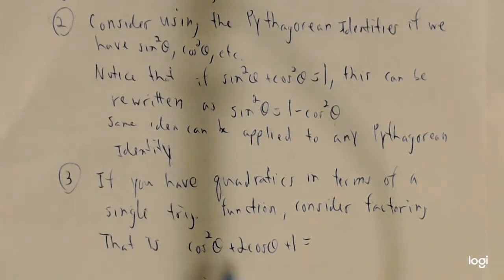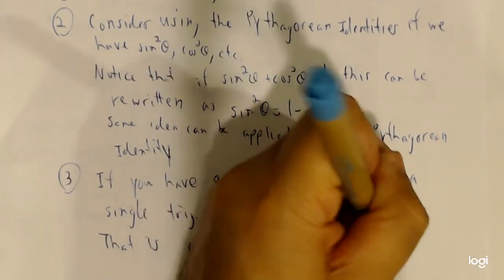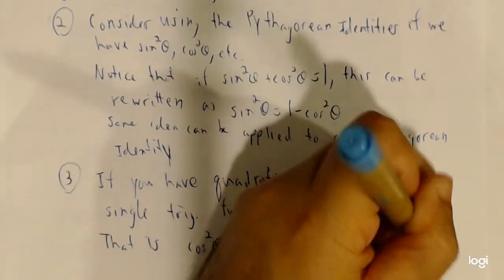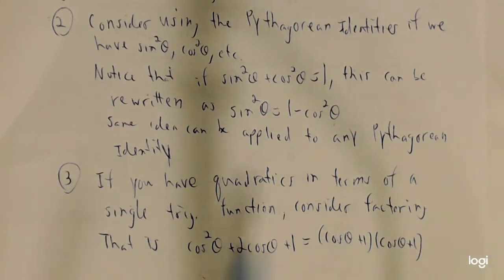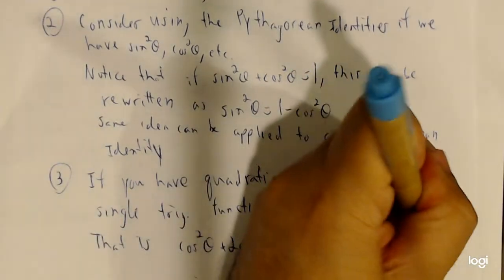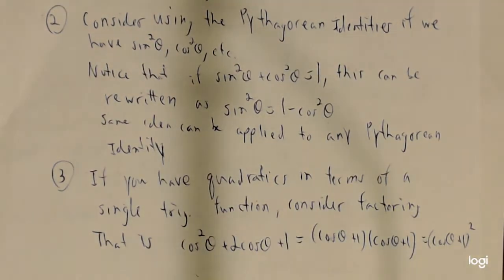However you'd factor that, this would factor the same way. This factors to cosine theta plus 1 times cosine theta plus 1, because cosine squared is the same thing as cosine theta times cosine theta, which becomes cosine theta plus 1 quantity squared.